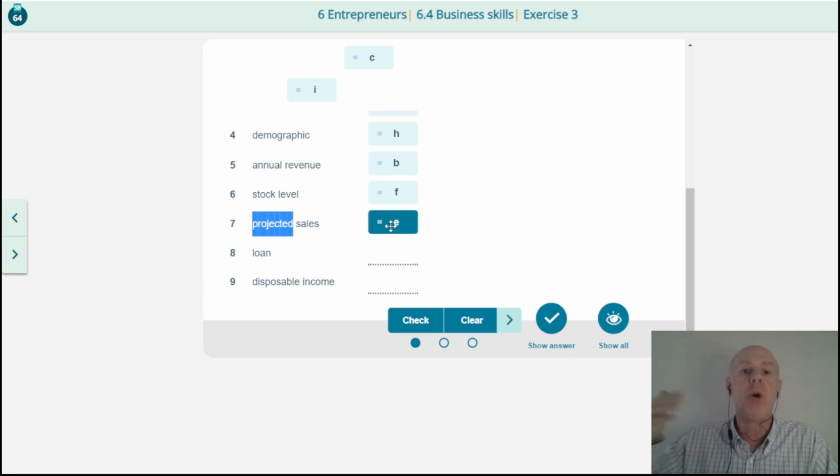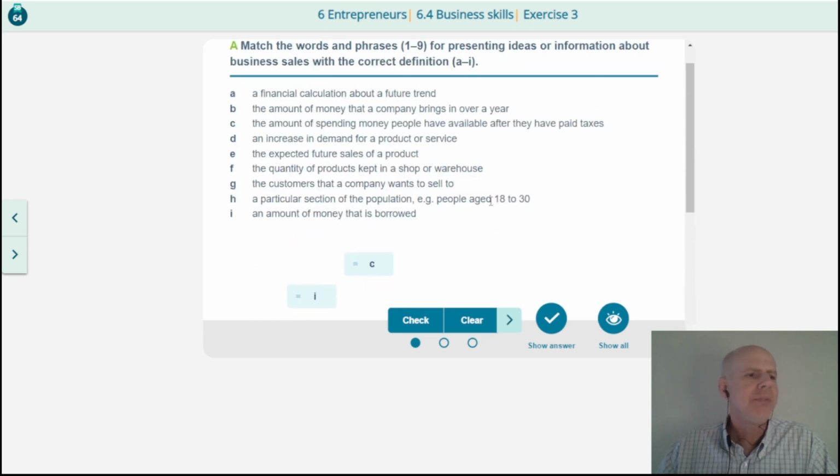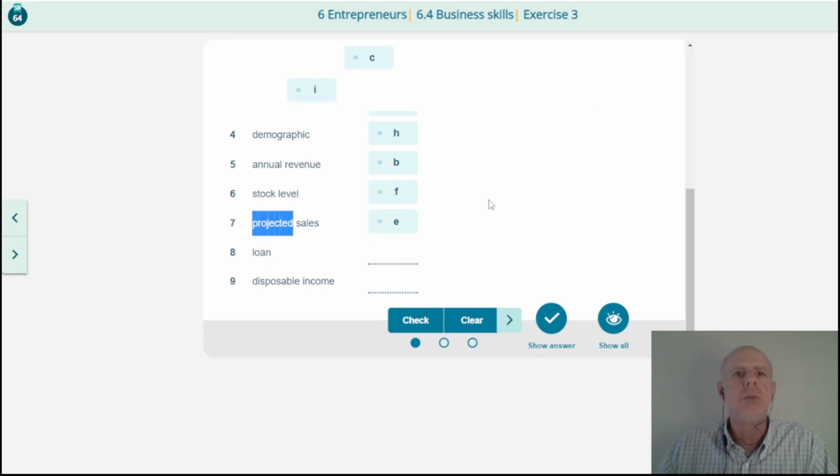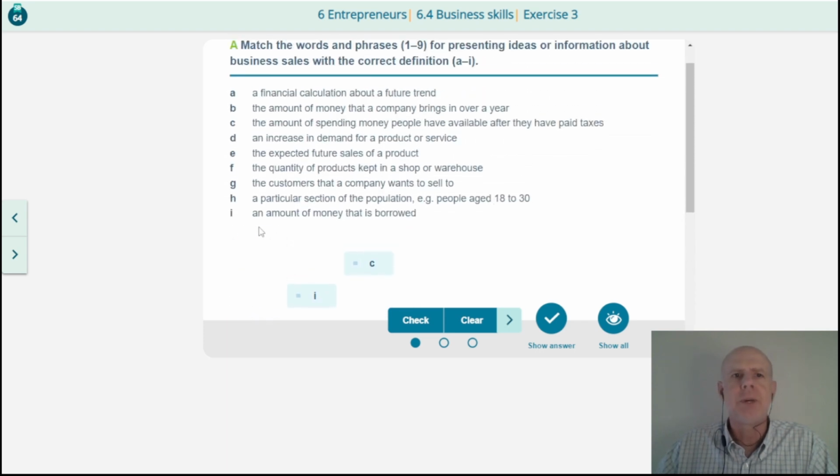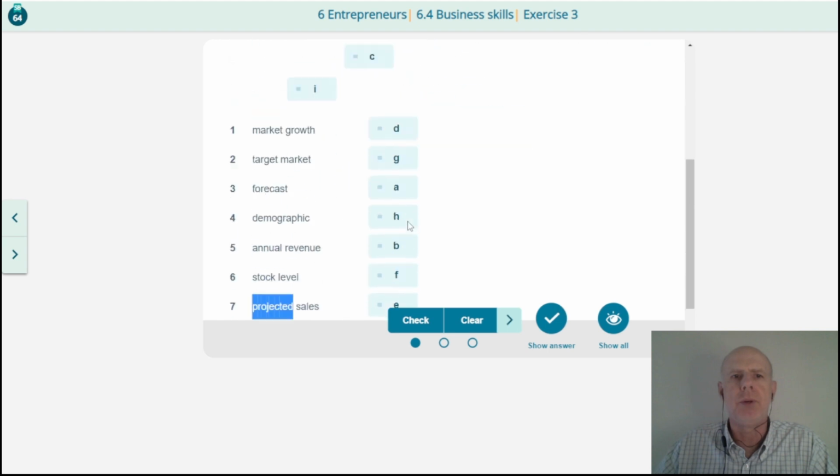If you sell more, even better. But that's your objective. You don't want to sell less than that. After that, we have an easy one. That is loan. Loan is an amount of money that is borrowed.